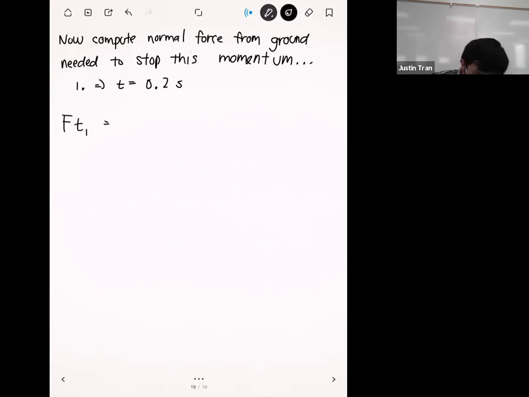And so if we use our force impulse equation, F times T is equal to mv2 minus mv1. And in fact, actually, we'll get there in a bit. Let's start with mv2 first. So mv2, that's the momentum of the object after the force has been applied. After the force has been applied, the body's going to come to a complete stop.